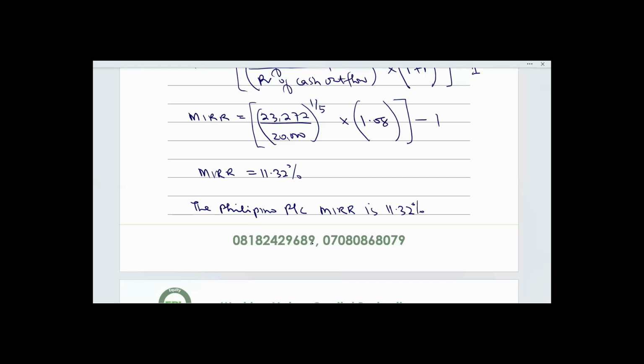If the examiner asks you to advise whether they should accept the project or not, you need to compare your calculated modified internal rate of return with the company's cost of capital. In this case, the cost of capital is 8%. Your modified internal rate of return is 11.32%, which means the project is financially viable and should be undertaken.